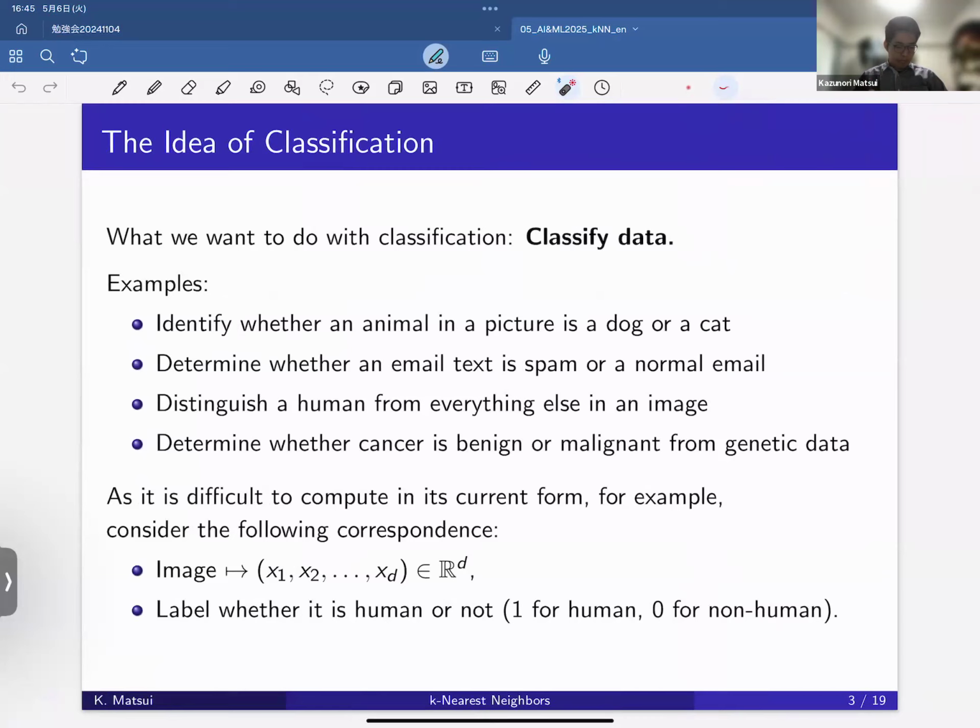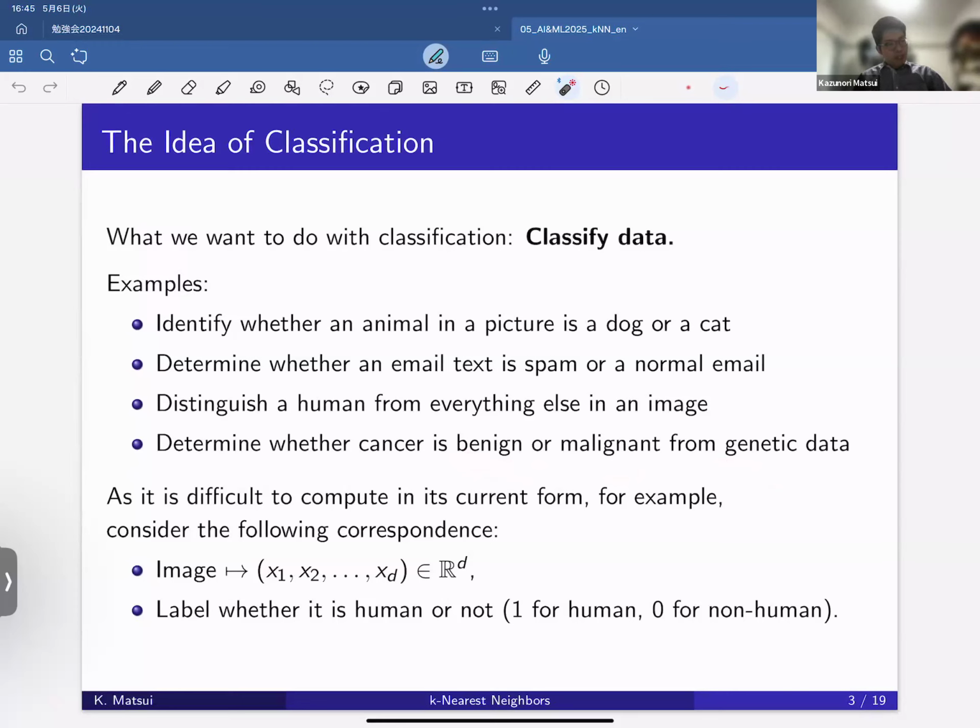For example, as we discussed in the previous lecture, we might want to identify whether an animal in an image is a dog or a cat, determine if an email is spam or normal, distinguish humans from other objects in an image, or determine whether cancer is a problem or no problem from genetic data. They are all classification problems.